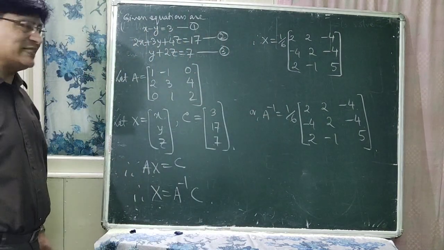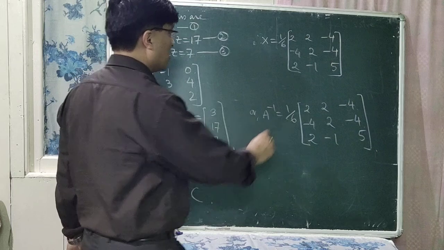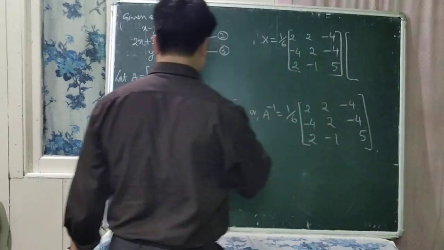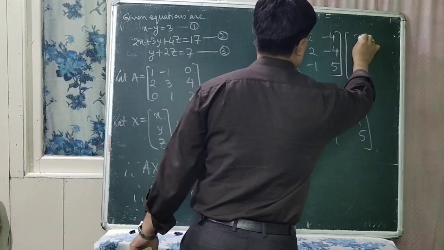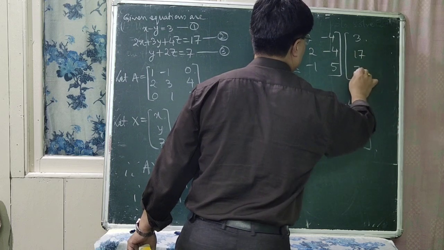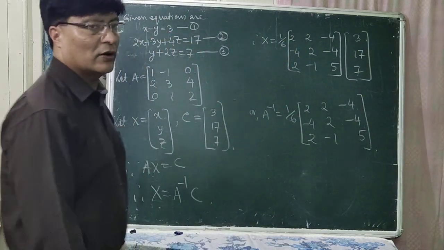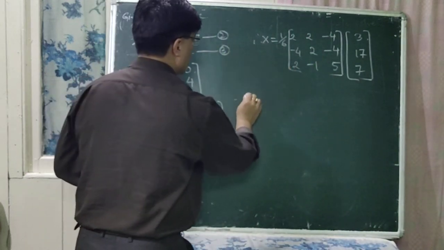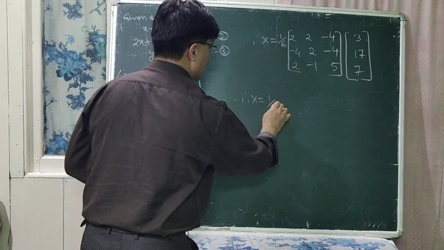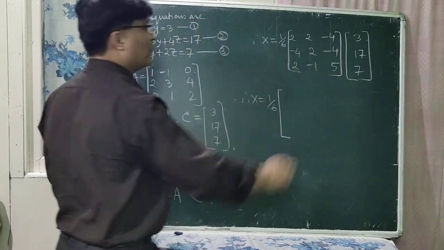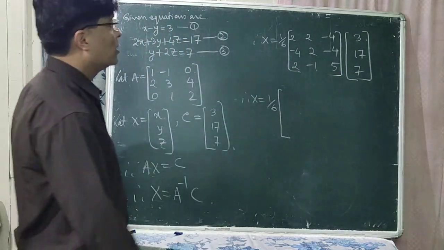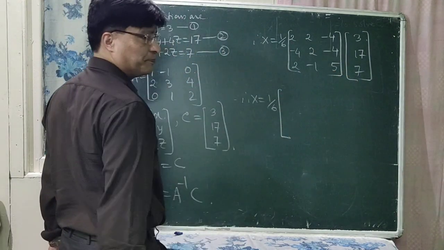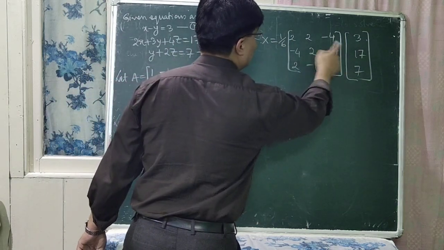And what is C? C is the column matrix 3, 17, 7. So now, therefore, capital X is equal to 1 by 6 times these two matrices multiplied. First row by first column, corresponding elements should be multiplied.